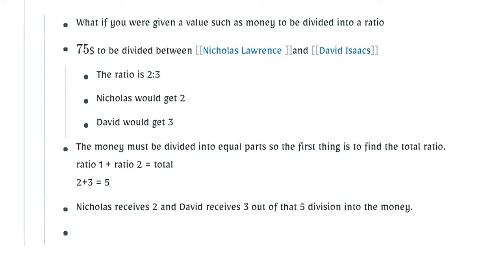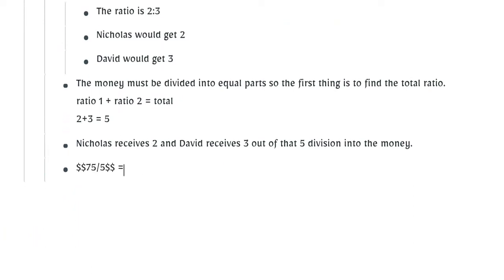So we're going to say, how many times can the 5 go into the money? That would give us the amount of 1 division. Does that make sense? So we're going to say 5 into 75 would tell us how much 1 ratio gives. So 75 divided by 5 would tell us 1 ratio. Everybody agree?